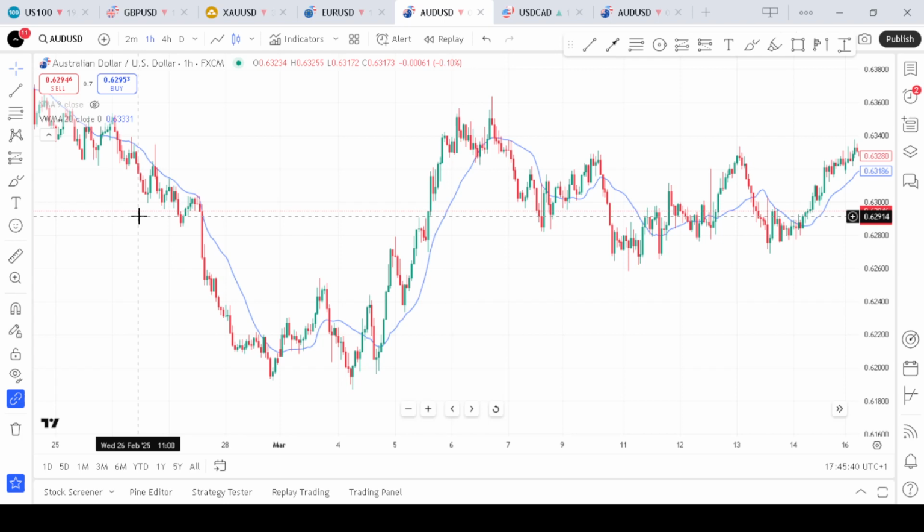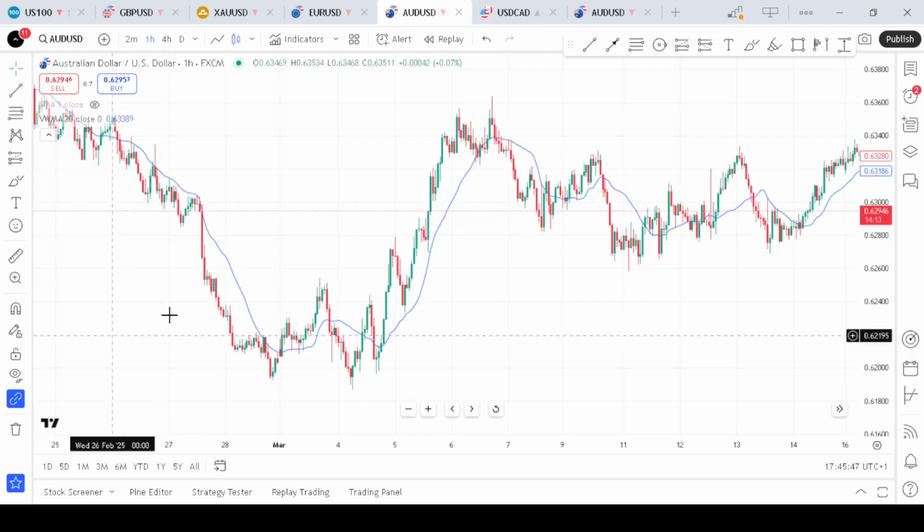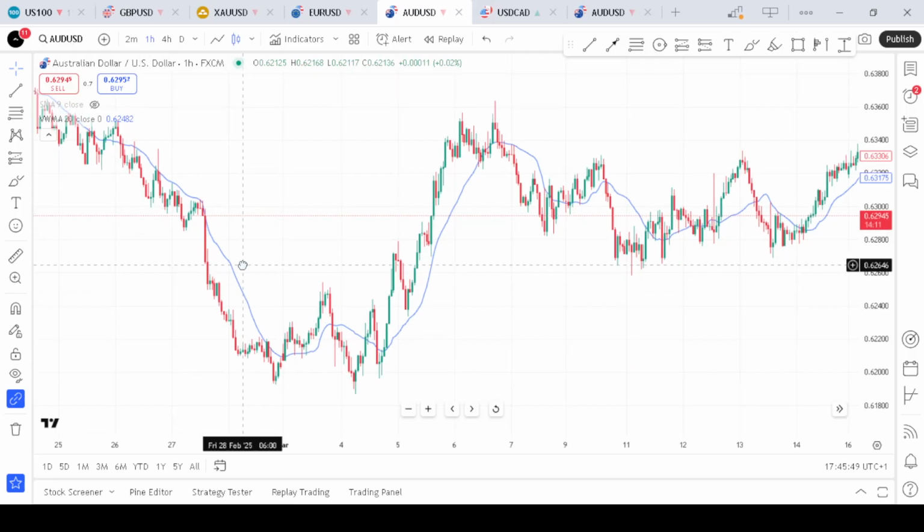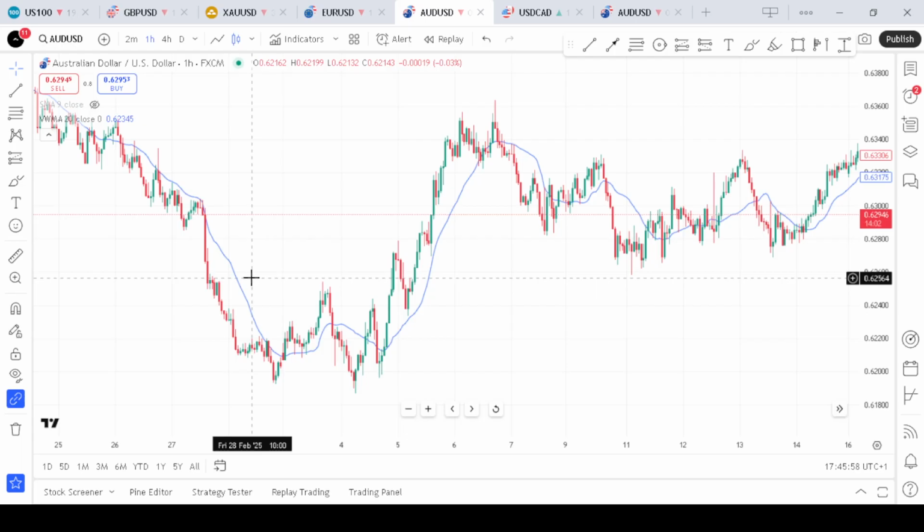Now let's see how we can apply the volume weighted moving average to our trading strategy effectively. One of the ways we can trade using the volume weighted moving average is by employing it as a trend following tool. This strategy focuses on identifying pullbacks within a trend and using the VWMA as a dynamic level to time entries.